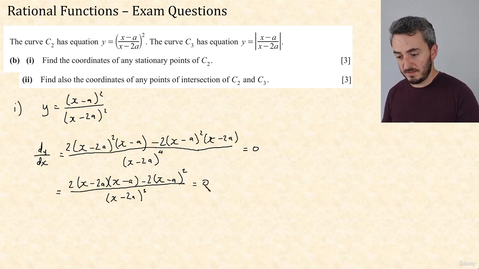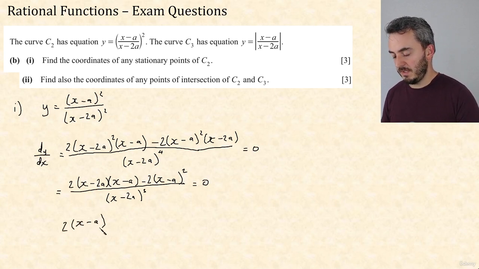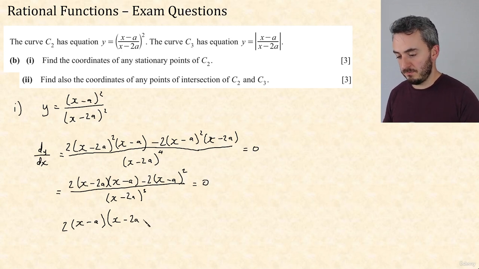So setting that to 0, I can just look when the numerator is 0. And I'll factorise out a 2 and an (x minus a) for myself. So I've got 2(x minus a), and what does that leave me with? Well, it leaves me with (x minus 2a) and one of these. So 1 minus (x minus a), so minus x plus a.